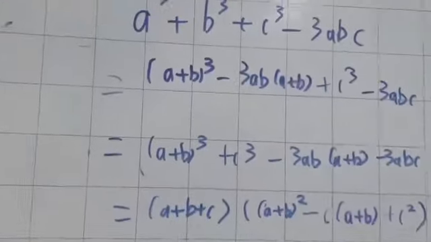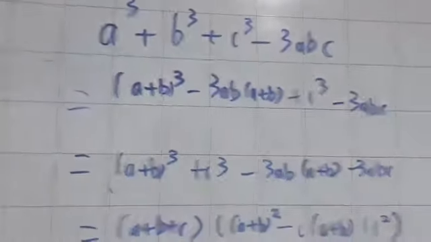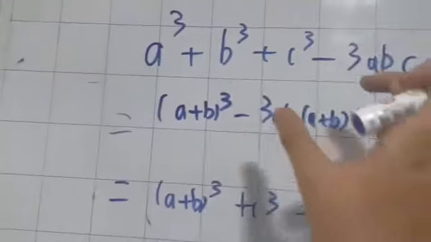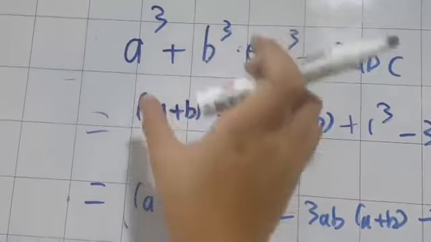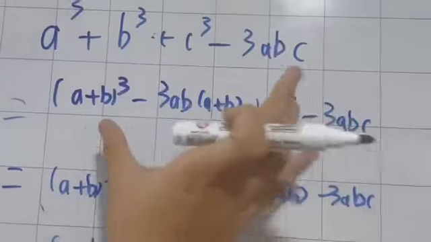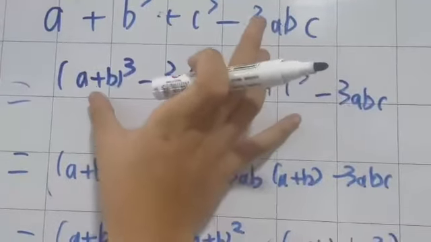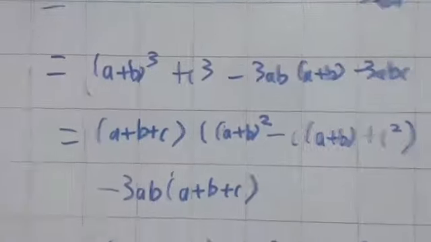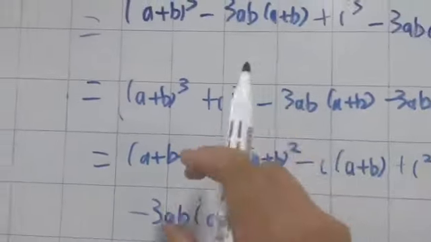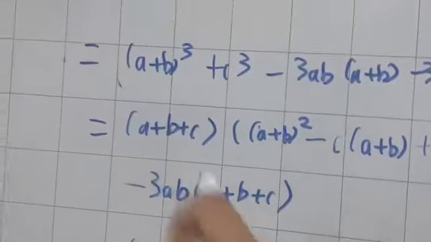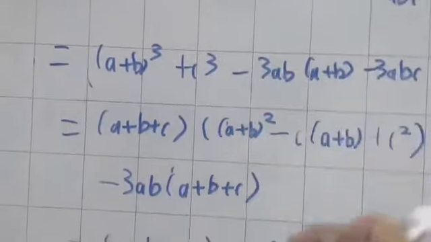You can skip the video for now, but I'm going to briefly summarize this. First, you turn this into this, and then you also have an extra term. Then you pair them up with c cubed. Pair these two up, and then (a plus b plus c) appears on both of the pairs.